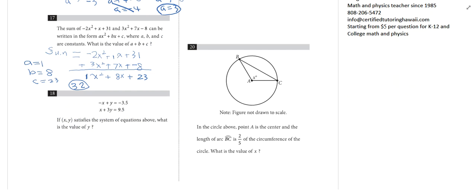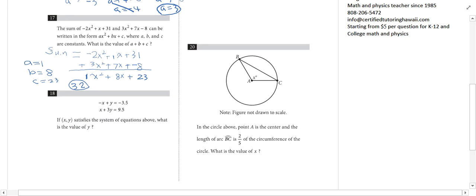Okay, let's move on to number 18. For number 18, they ask you to find the y value. What we're going to do is use elimination, because when you look at these two equations, you just add them first. When you add them, negative x plus x equals 0.